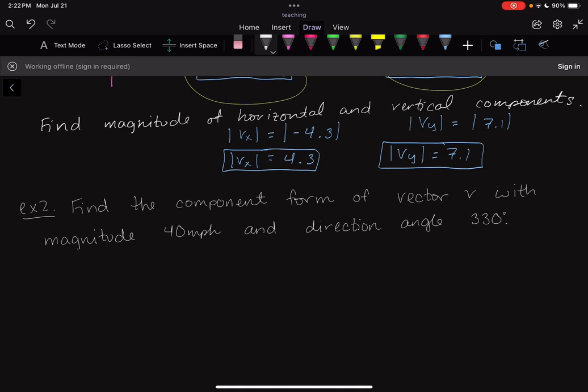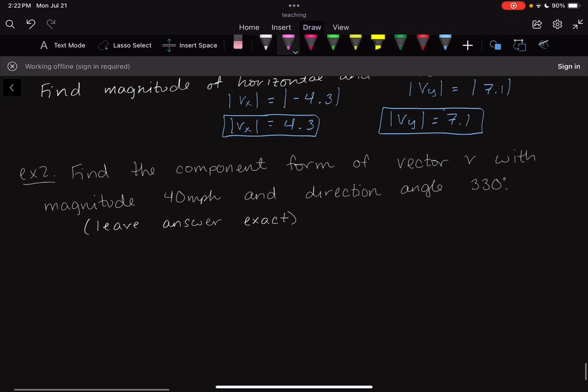And this one I'm going to make a note for us to leave our answer exact. This means no decimals.